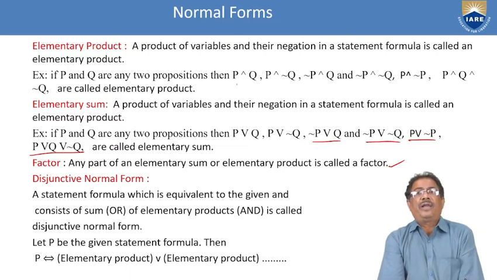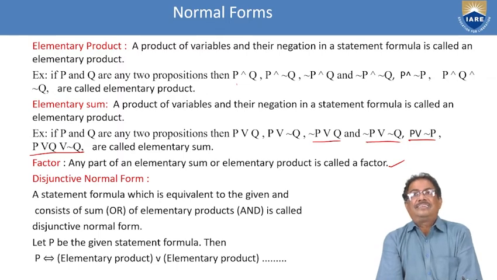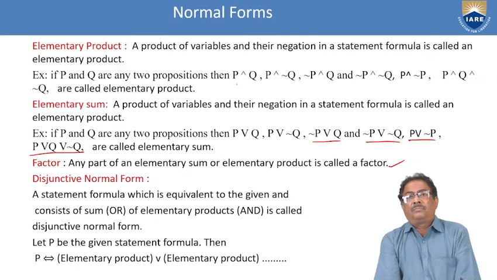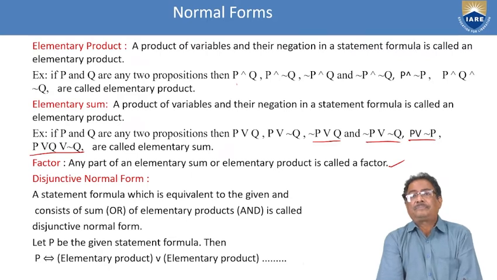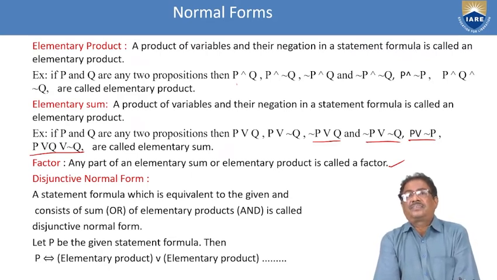Now we are going to define what a disjunctive normal form is. A compound form, or a statement formula, is said to be in disjunctive normal form if it is equivalent to and expressed as the sum of the products.